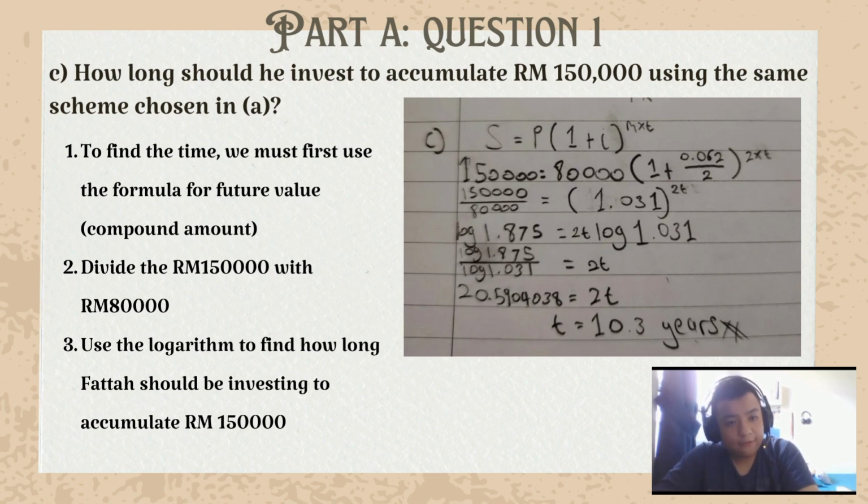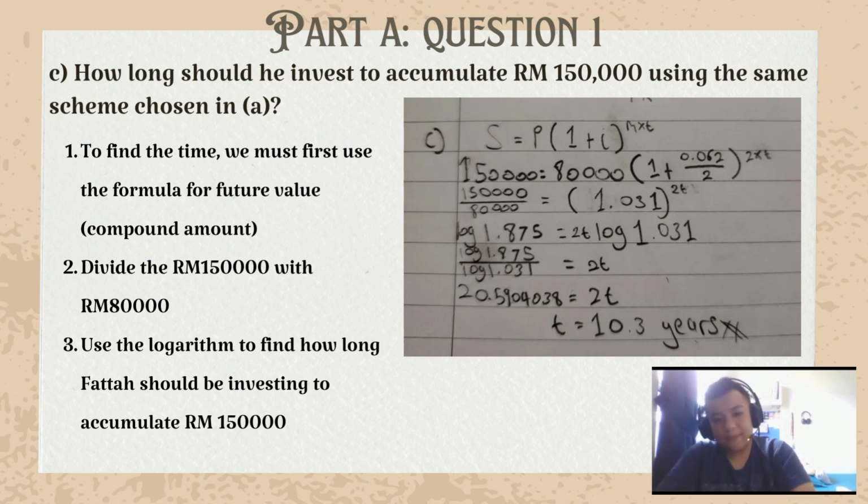Now for number 1, to find the time, we must first use the formula for future value. The formula for future value is S equals P in a bracket 1 plus i, and outside of the bracket is m times t. Now the time is also the t over here. In order to find t, you must first put in all the values that we have gotten, which is S equals 150,000, P which is 80,000, i which is 0.062 over 2, and m which is also 2.